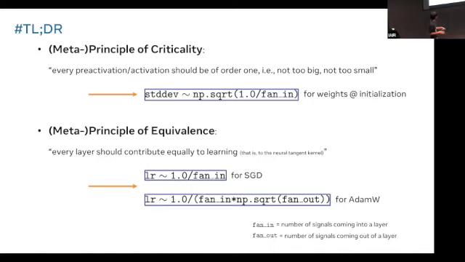The second message is that there's a principle of equivalence, meaning that every layer should contribute equally to the learning. That seems like a very vague statement, but you can make use of the neural tangent kernel to make it precise: every layer contributes equally to the neural tangent kernel. That gives you the insight that the learning rate should be scaled as 1 over fan-in for SGD.